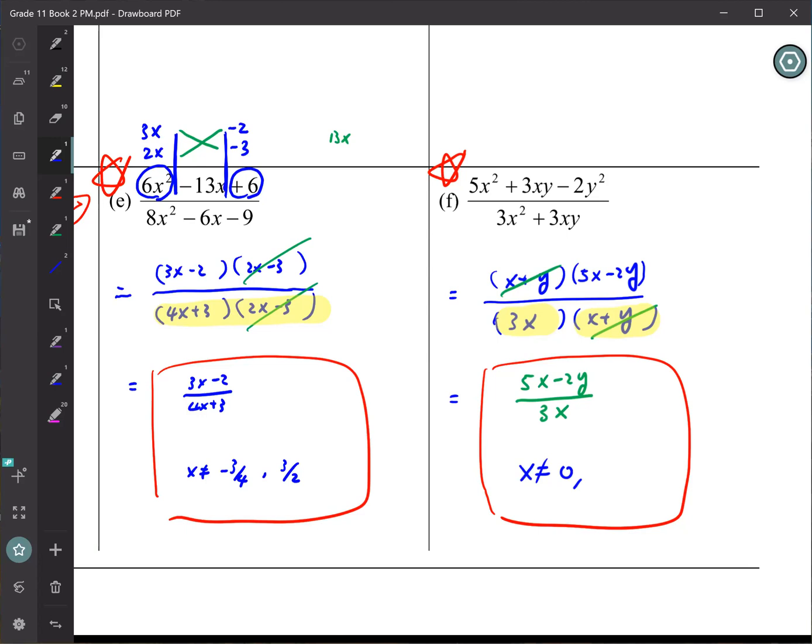Then wait, let me calculate it. Is it square root y over 3? Hey, where did you get that from?